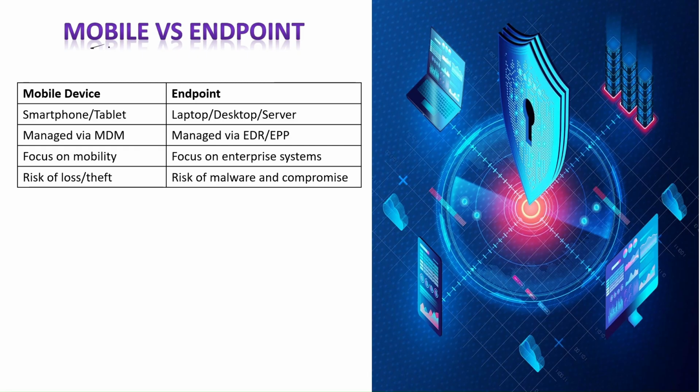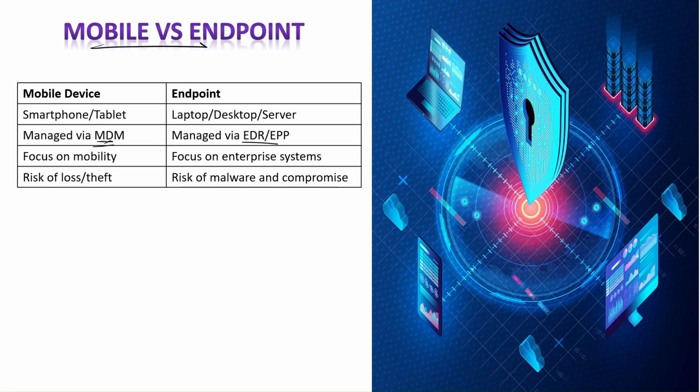So what is the difference between endpoint management and mobile device management? Mobile devices basically include smartphones and tablets, which are mobile, and endpoints are laptops, desktops and servers. Mobile devices are managed through MDM, mobile device management, while endpoints are managed through EDR and EPP.